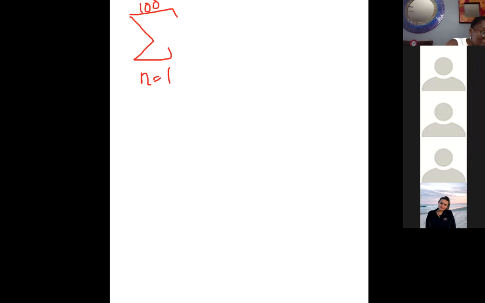And the formula we use for this sequence, ooh, I think I just wrote that wrong. Yep, I certainly did. Okay, that n belongs inside the parentheses, guys. The formula we use is this. So they want us to calculate the sum of the first 100 terms of this sequence here. So they want us to find the summation notation.